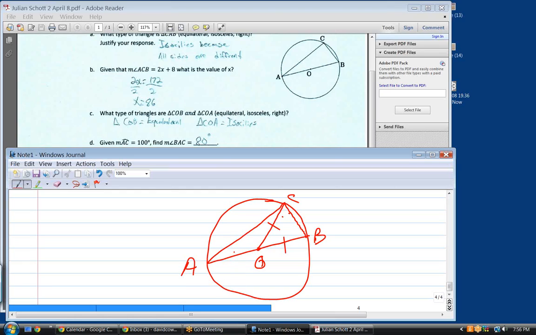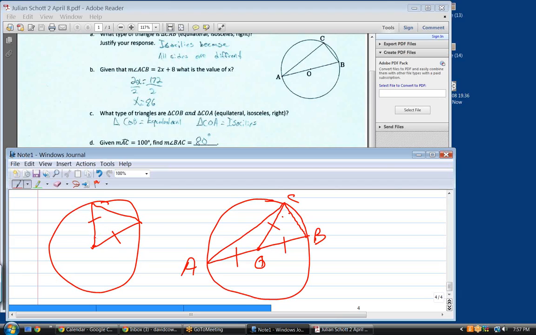Are they both radiuses? Yeah? So that's also isosceles. Whenever you have a triangle that has a vertex there and any point there, those are always isosceles triangles because all radiuses are equal within the same circle.